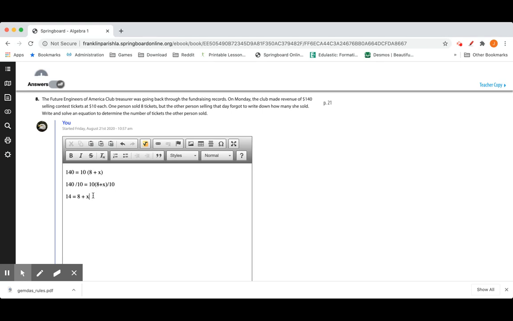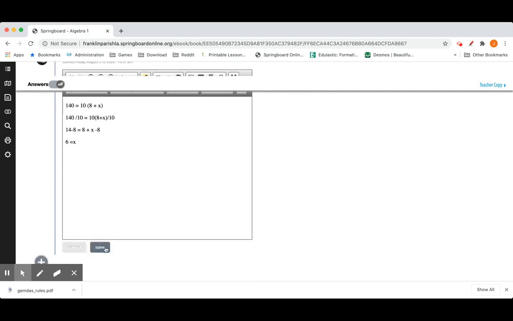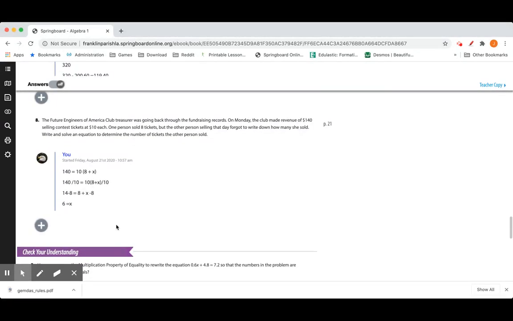We can get rid of the parentheses since there's nothing around them now. 1 times the parentheses is just that parentheses. In our next step, we subtract 8 from both sides. 14 minus 8 is 6, and 8 minus 8 is 0, so we're just left with x. So the other person must have sold 6 tickets.